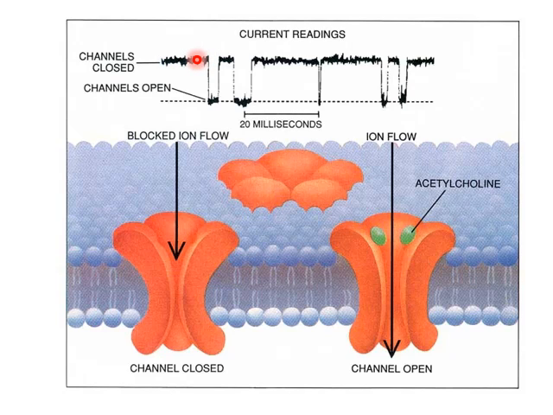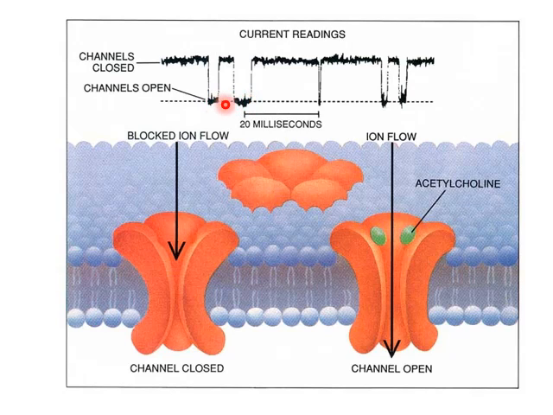However, if the channel gates open, then we record a negative current shown here, and as long as the channel remains open, we see this constant negative current. If the channel gates close, the current immediately becomes 0 again, and then if once again the channel gates open, we see this negative current.